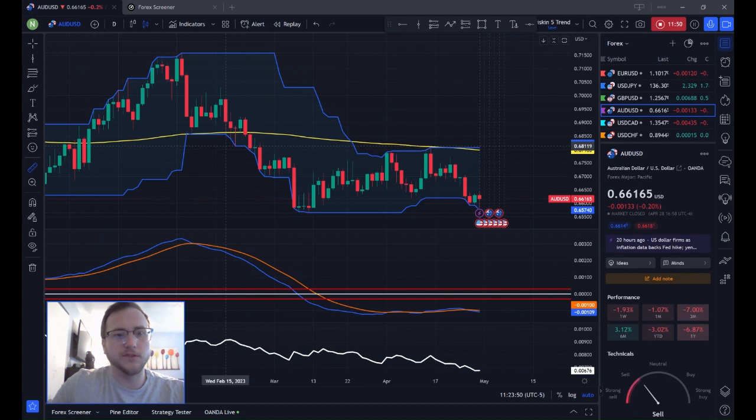Again, Donchian channel is going down. MACD is below the signal line. We're not crossing the zero line, but that's fine because we do have this confirmation. You can see right here when we cross the zero line, we start consolidating. Period of consolidation here, nothing's going on. We got a lot of news coming up this next week, so we're going to trade from right here.